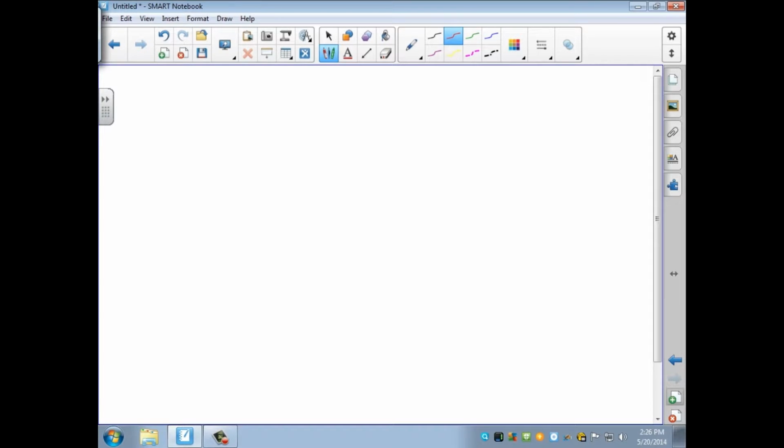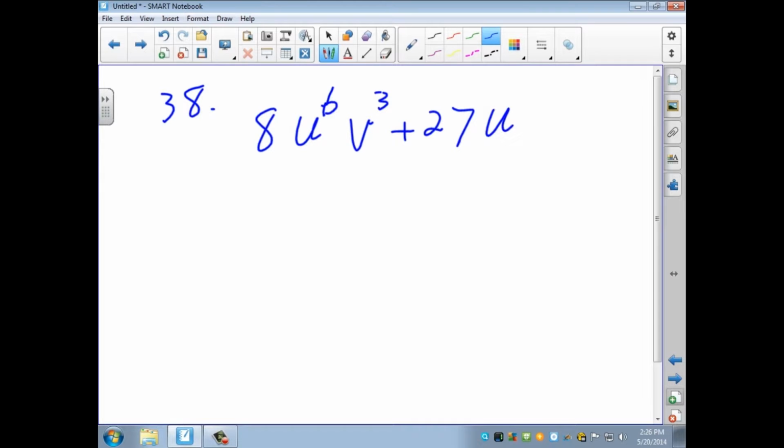Let's pick another one. Number 38. Eight u to the sixth v to the third plus 27 u to the third equals. What I see here, I see two pieces added together, right?